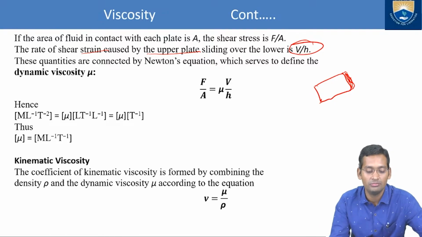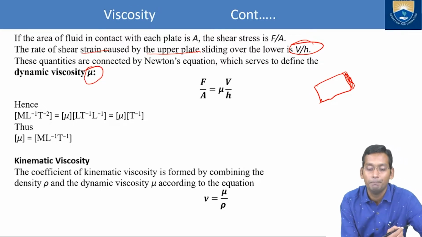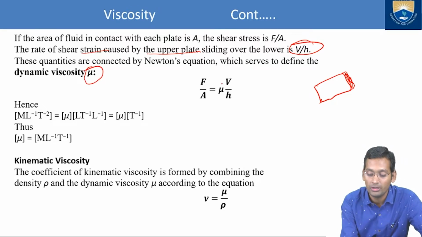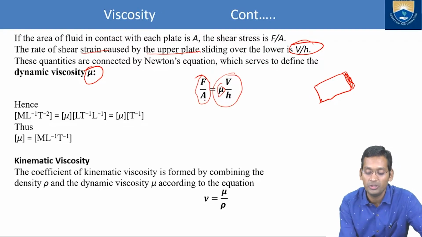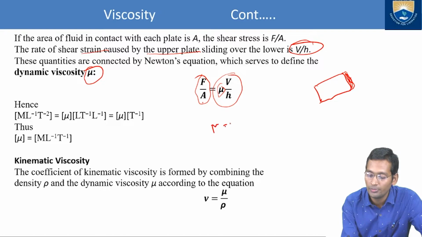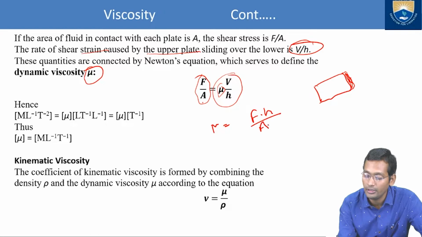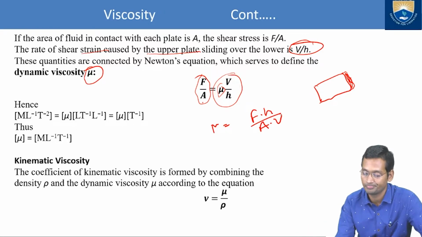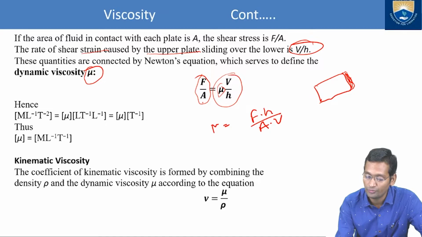From here one term arises, the dynamic viscosity coefficient, represented by mu. So that coefficient will be here, and the two should be equal. From here we can say F by A, force per unit area, equals mu into V by H. Now from here we can find the value of mu: mu equals F into H by A into V. Now what is F?